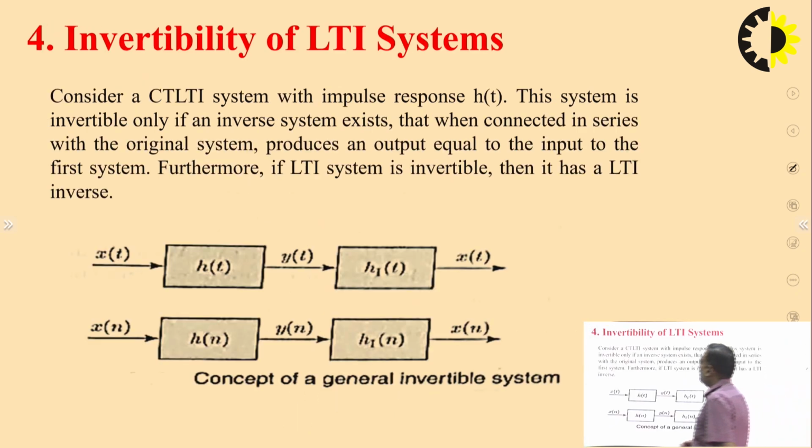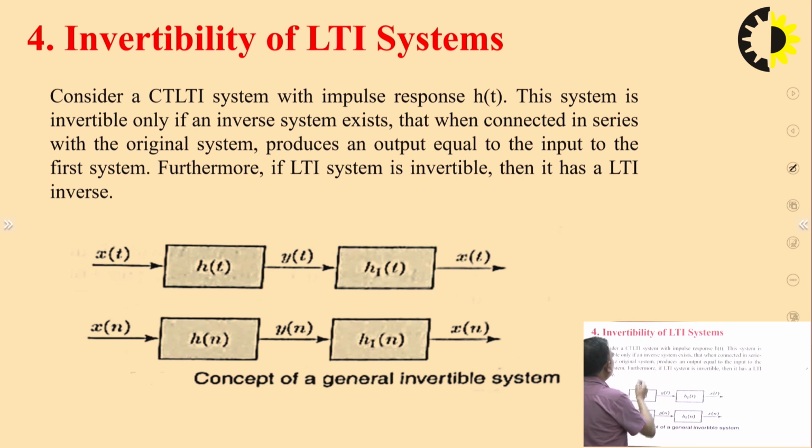Next is invertibility. Consider a system with impulse response h(t). The system is invertible only if an inverse system exists that, when connected in series with the original system, produces an output equal to the input of the first system. Let us say this is the system with impulse response h(t), and here is the inverse with impulse response hi(t).